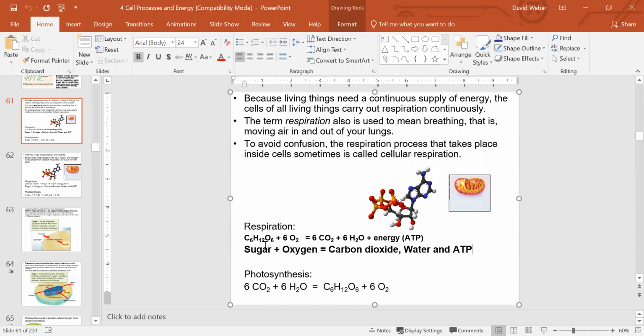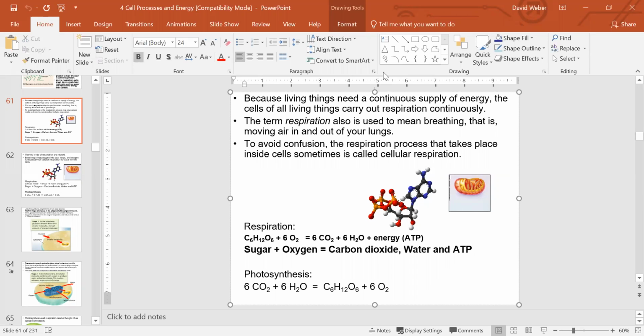Okay, so what all that means is sugar plus oxygen equals carbon dioxide, water, and energy, ATP.